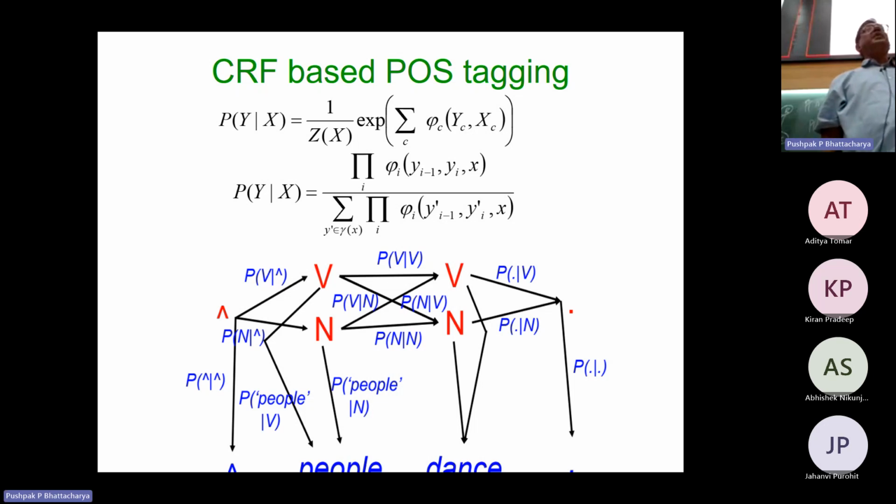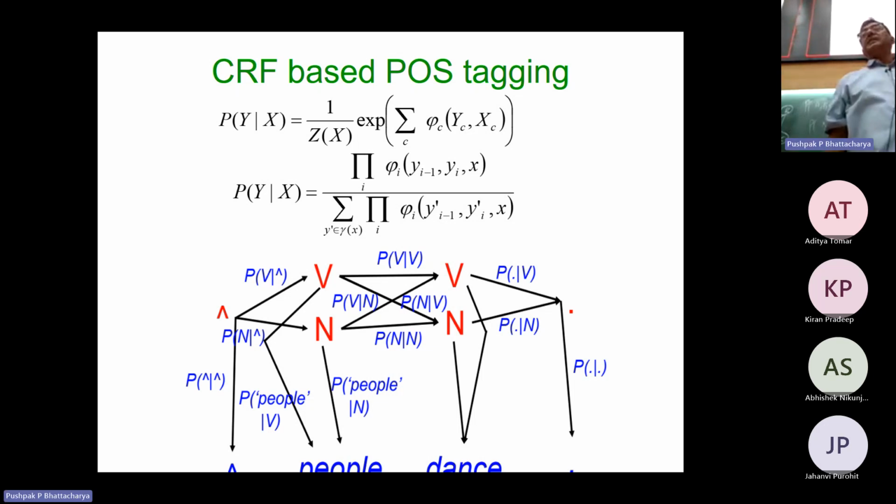So probability of y given x has this form: 1 by normalizing factor times e to the power of a summation of potential functions. So this is equivalent to, now we are expanding the potential functions. For part of speech tagging, it has a particular shape: psi i of y i minus 1, y i, and x.